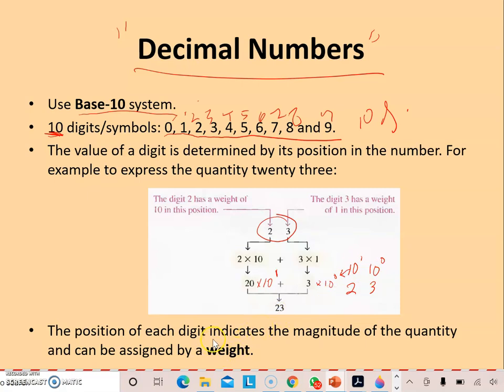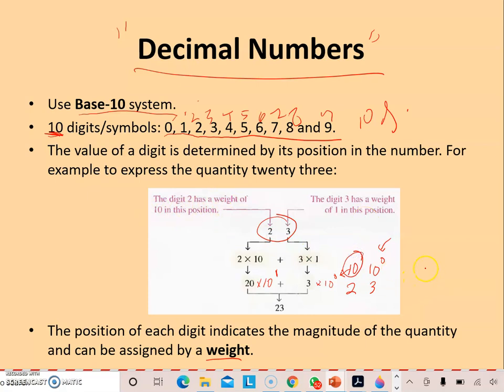The position of each digit indicates the magnitude of the quantity and can be assigned a weight. Here, the digit 3 has a weight of 1 in this position because we have 10 to the power of 0. So the weight is 1. Here, the digit 2 has a weight of 10 in this position, 10 to the power of 1.